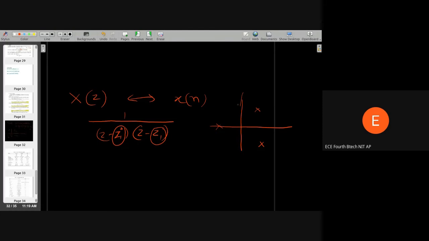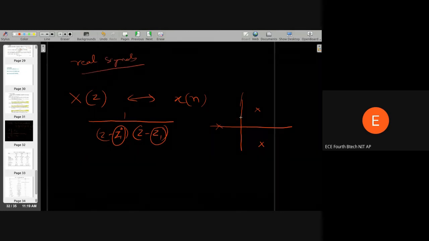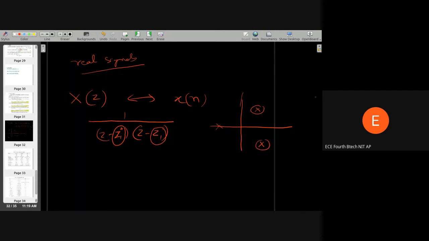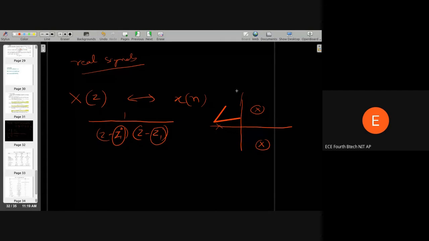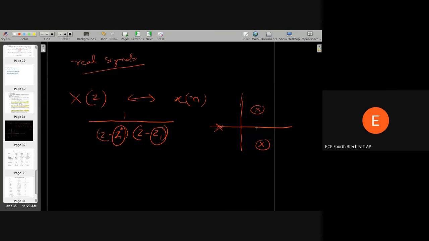So my previous diagram was not very accurate. I was just showing what are poles and zeros. But remember, because we are dealing with real signals, you will always have complex conjugate poles. And if it is on the real line, there is no need for that. But there could be multiple poles at the same location. You can have poles of multiplicity, many orders of multiplicity.